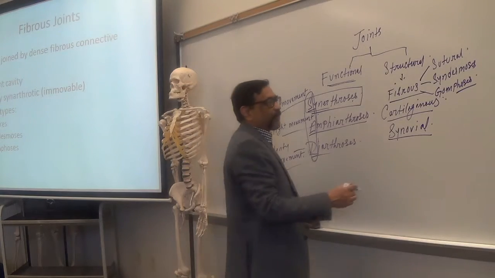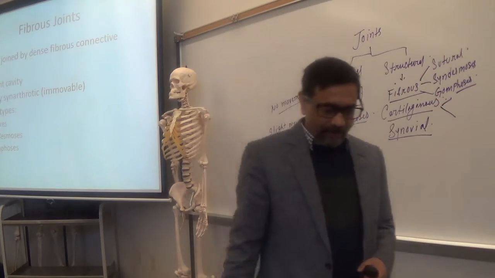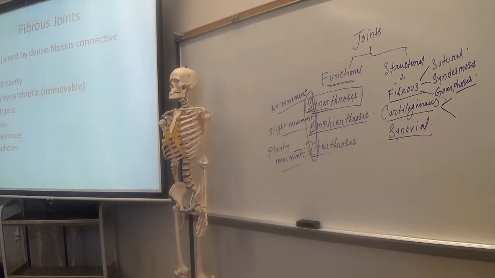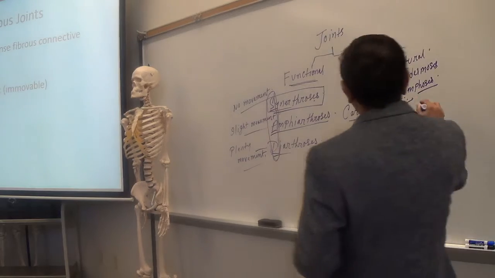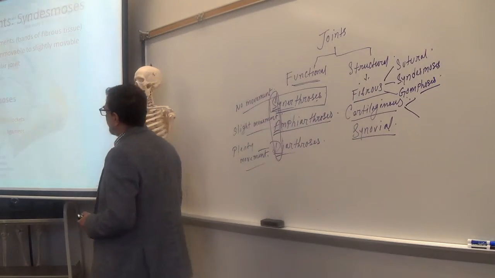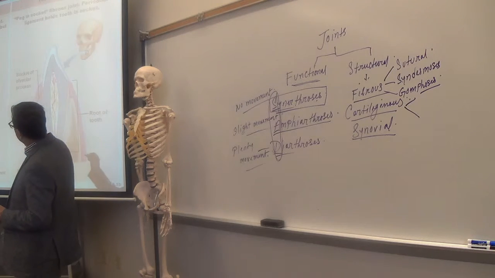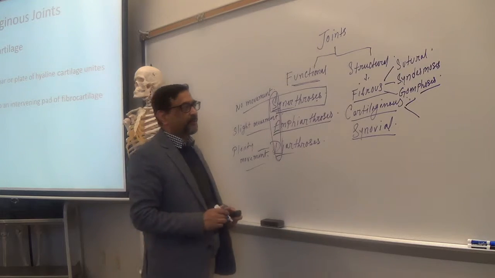Cartilaginous is also divided into two types. Cartilaginous joints are two types. What are those? Symphysis and synchondrosis.